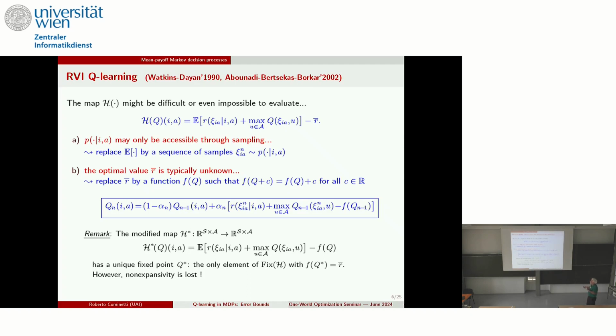In fact, it's the only fixed point of the original map H which satisfies in addition f of q star equal R bar. So somehow you expect that along the iterations, this f of Q n will converge eventually to the good optimal value. So you don't take a fixed R bar, but you adjust it along the iteration. That's the idea.